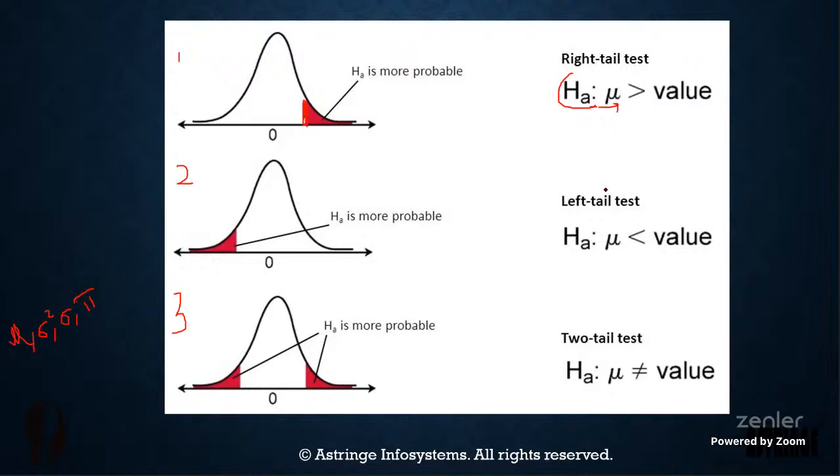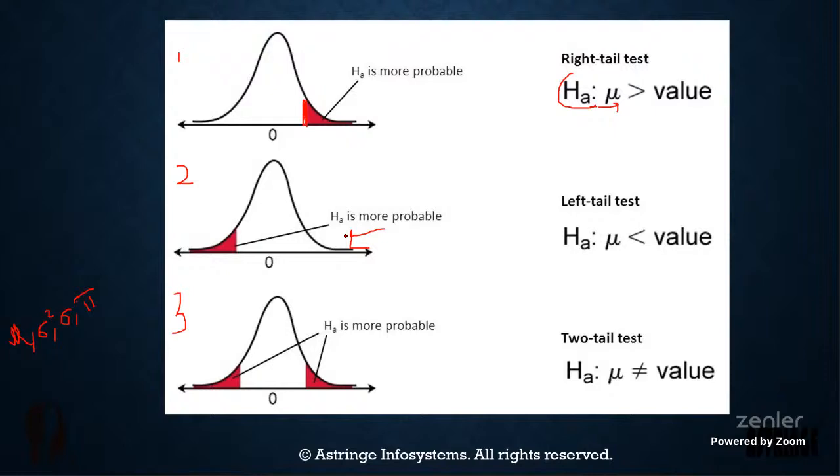Over the second, HA is more probable where mu is less than the value. Over here it is greater, so it would take the right side. If it is less, it would take the left side.